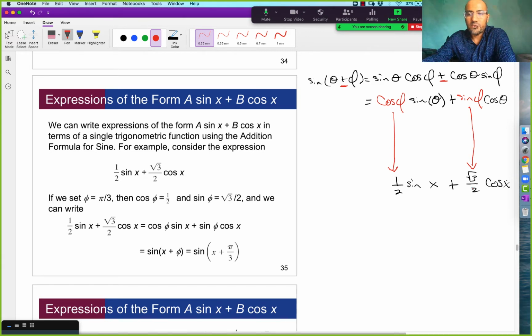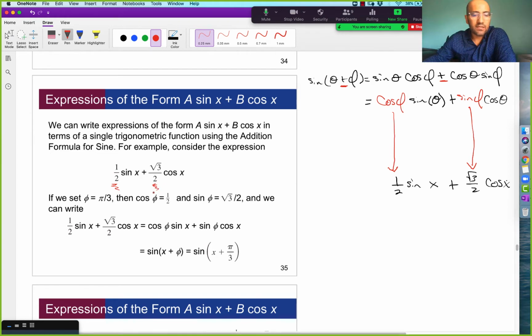Then we can go backwards with this process and rewrite it as the sine of the sum of two angles.